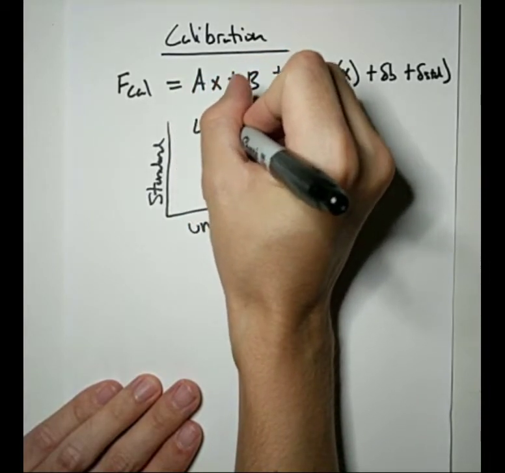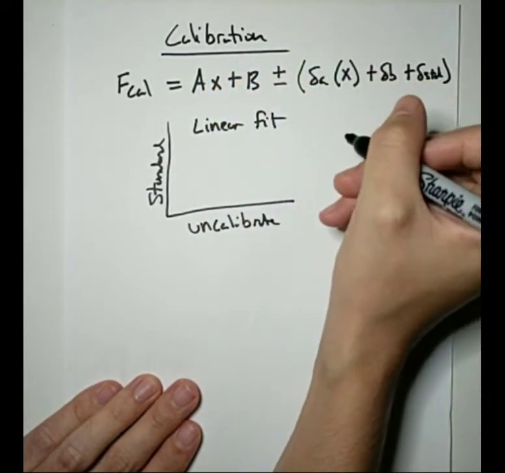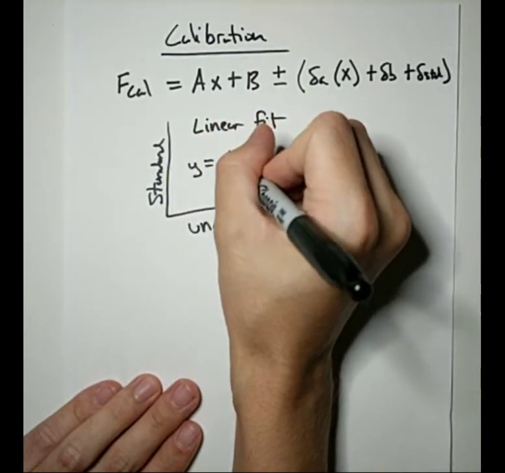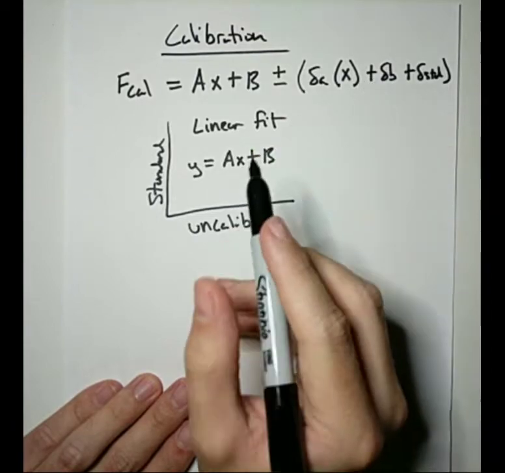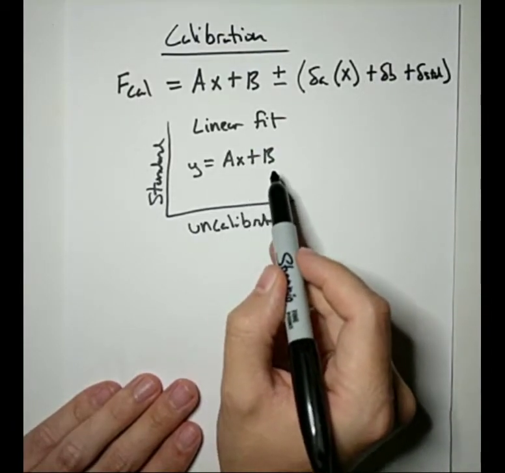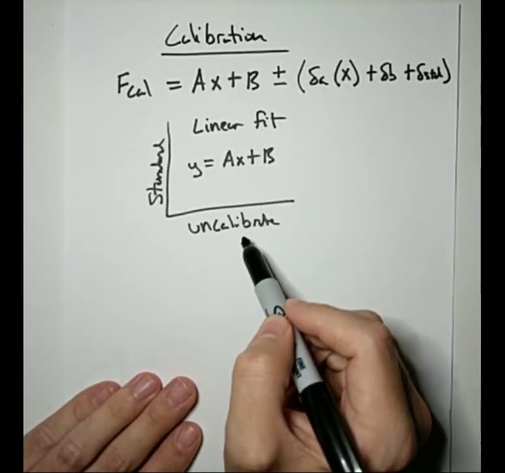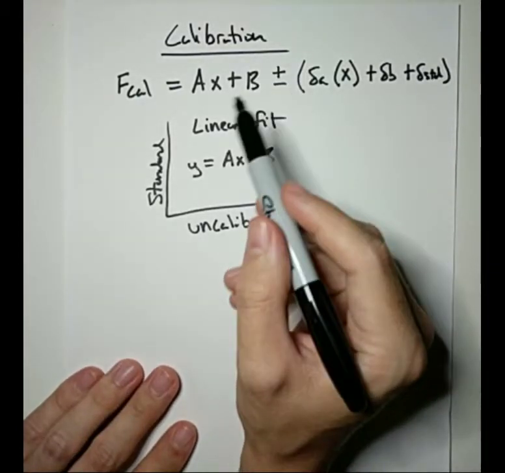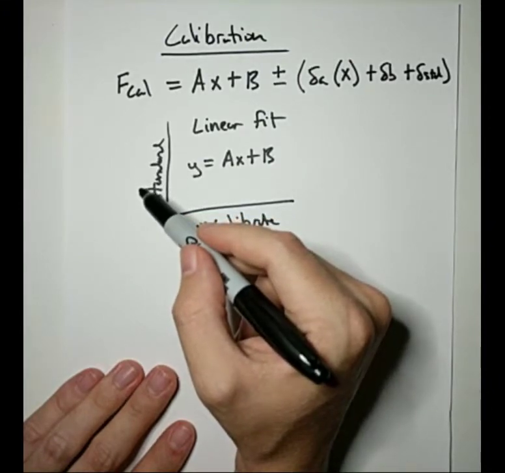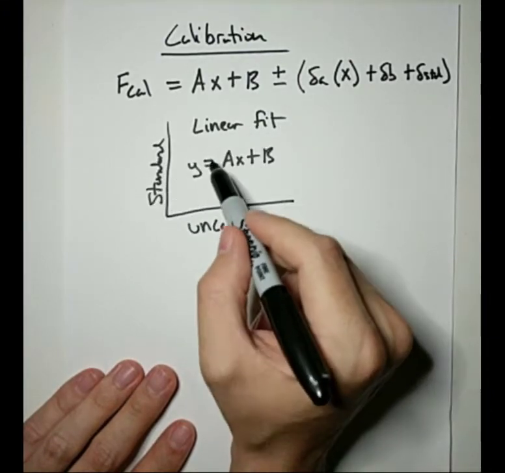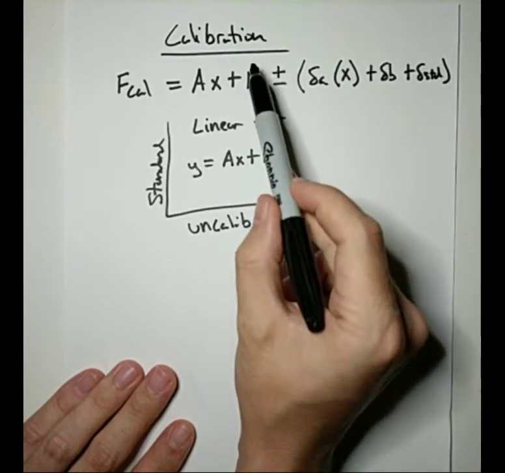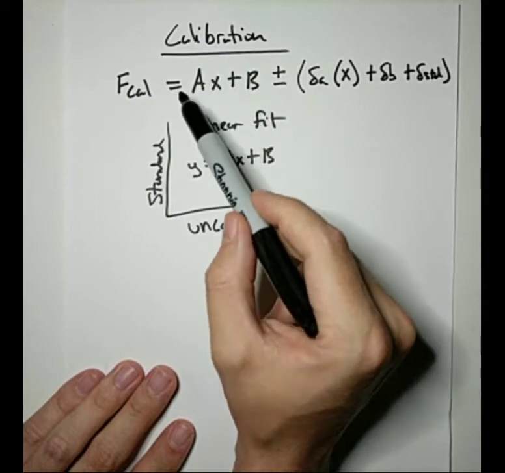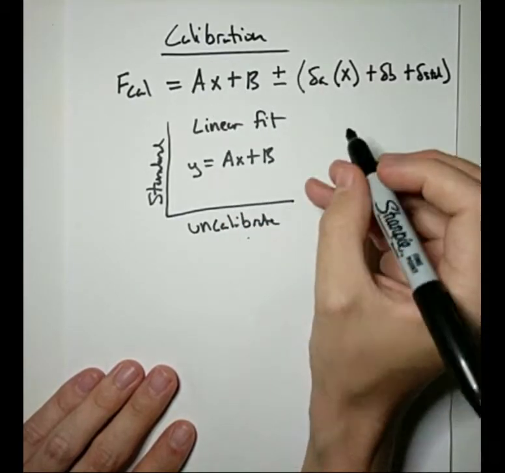So you will apply a linear fit to this data, and that will give you an equation y equals ax plus b. So your x's are your uncalibrated data points. Your y's are your standard values. And this gives you your A and your B for your calibration.